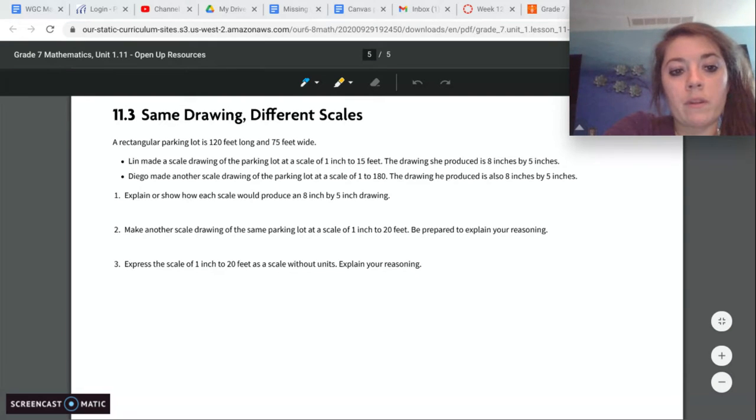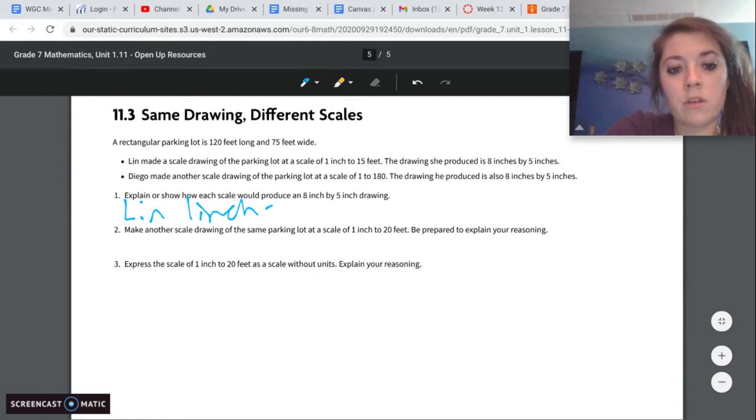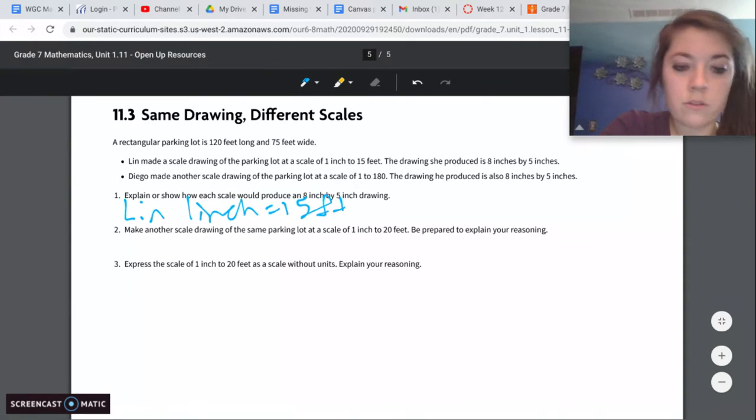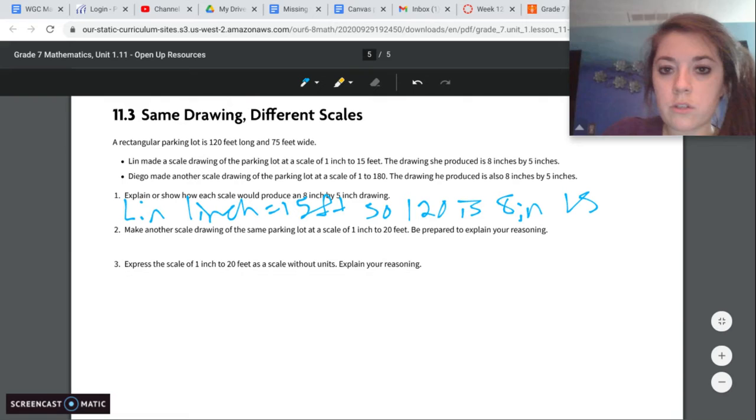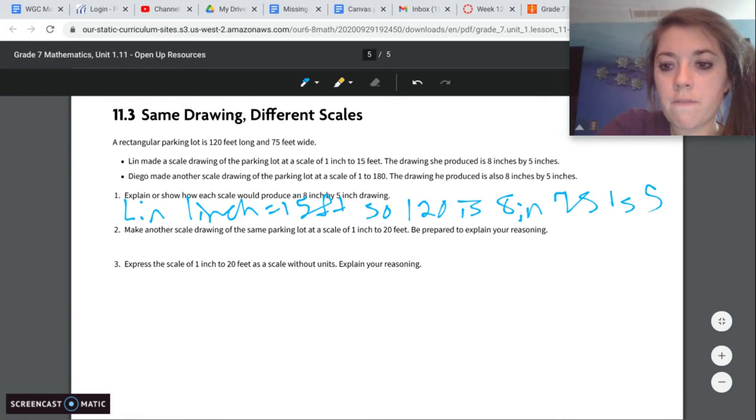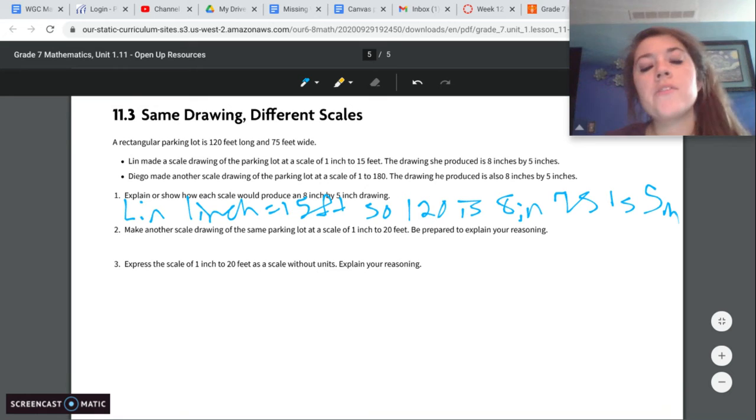So for Lynn, 1 inch equals 15 feet. So 120 is 8 inches. Oops, that should say 75. 75 is 5 inches. So that's how we know with Lynn.